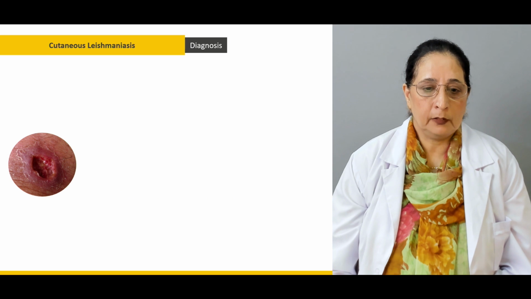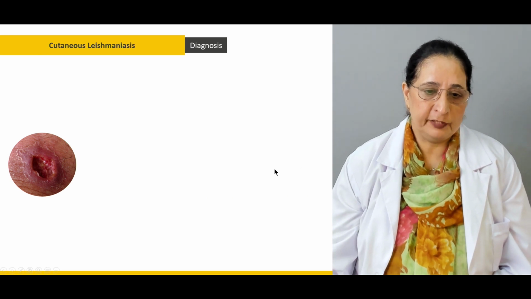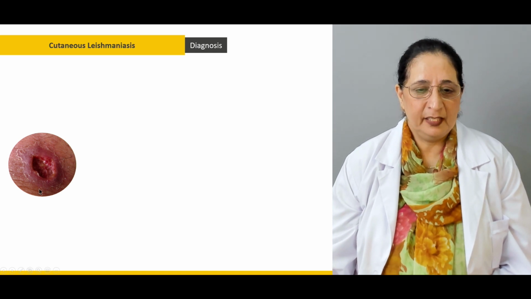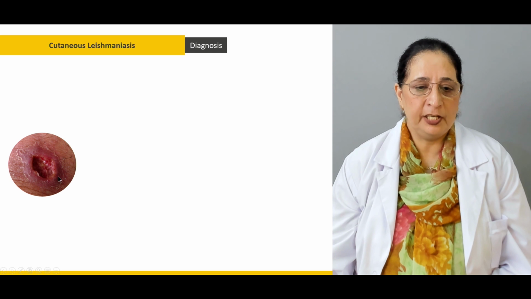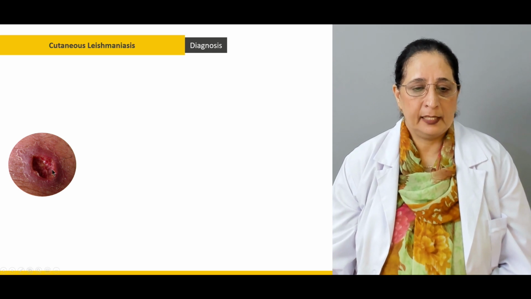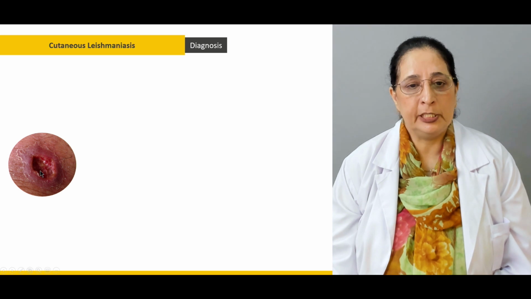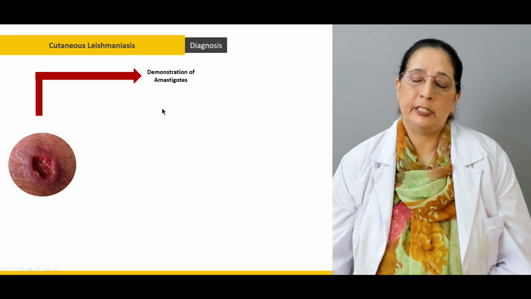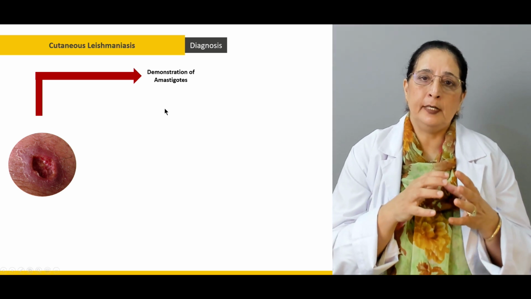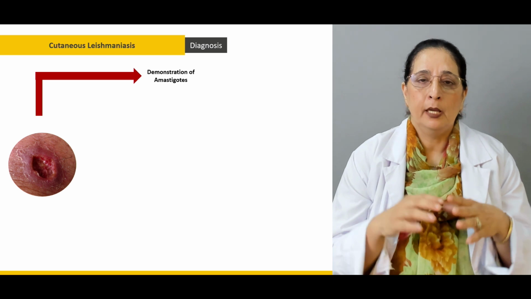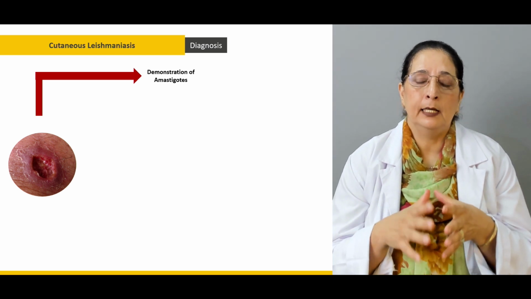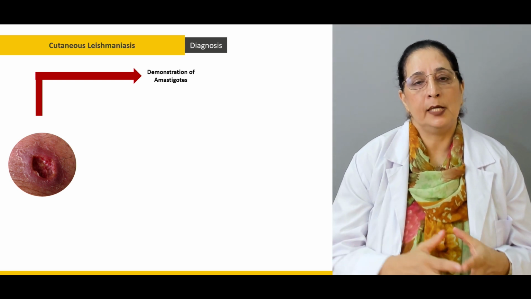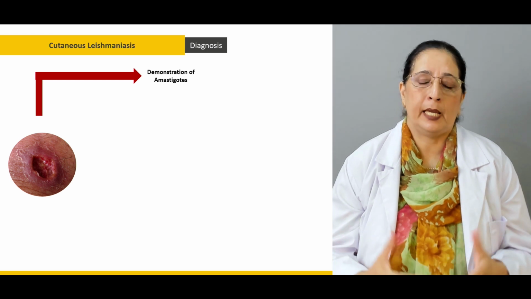For the diagnosis, if you magnify the lesion, we saw that it's an ulcerated lesion, a really bad lesion with raised, indurated edges. So that's cutaneous leishmaniasis. Demonstration of amastigote: as I mentioned previously when we talked about the life cycle, the conversion of promastigote to amastigote is the stage where the diagnosis can be performed.